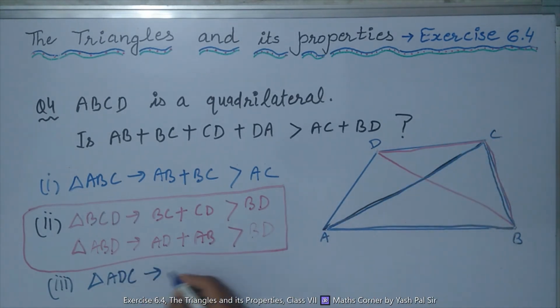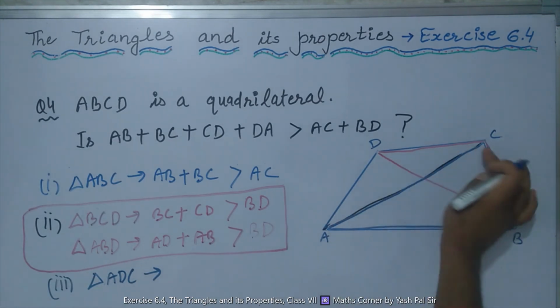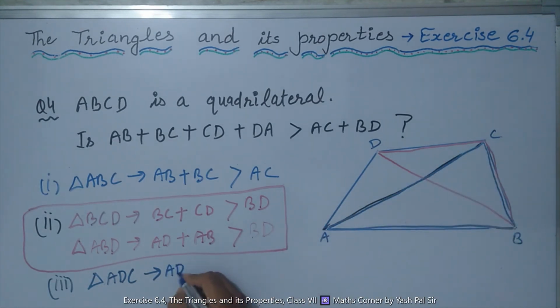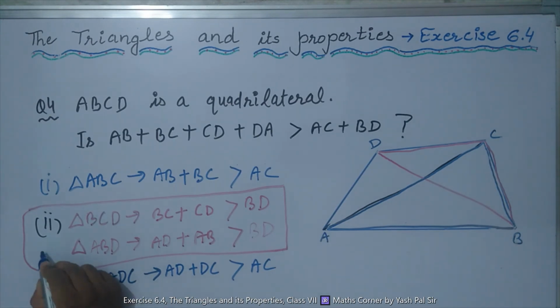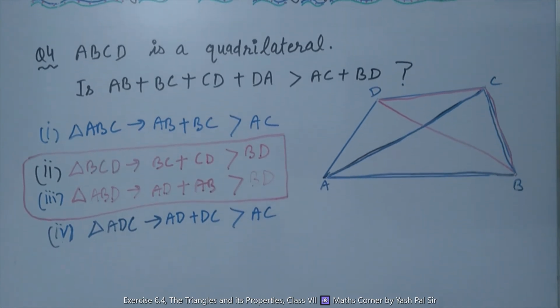ADC. This gives us AD plus DC is greater than the third side AC. Right? Or we can say this is number third and this is number fourth.